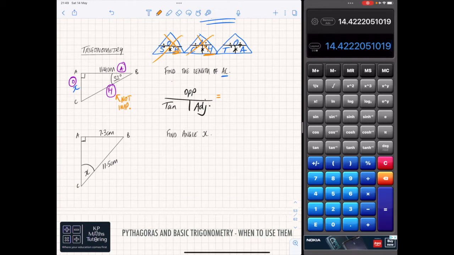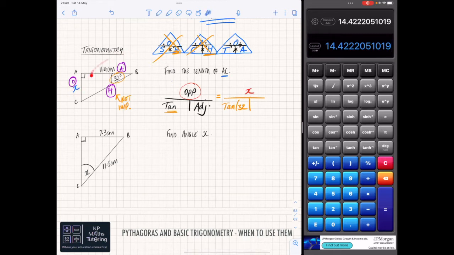So tan 32 goes in the bottom left. At the top, opposite is x, because I can see that's that one there. And in the bottom right is the adjacent, which is 11.4. So I've filled in my formula triangle with the information I've got.